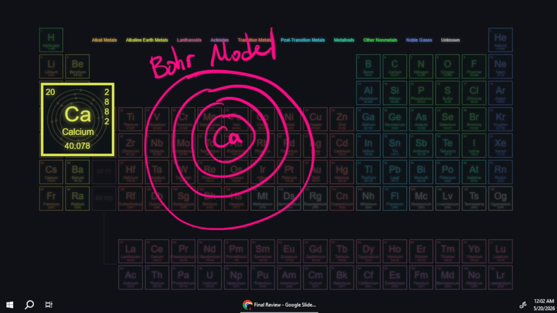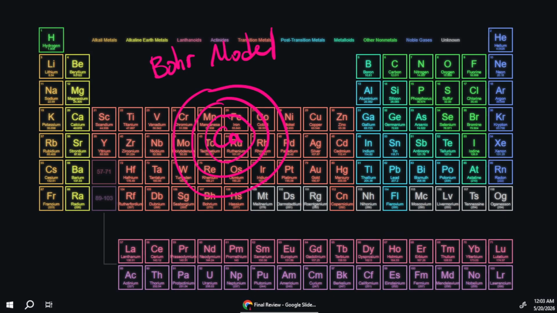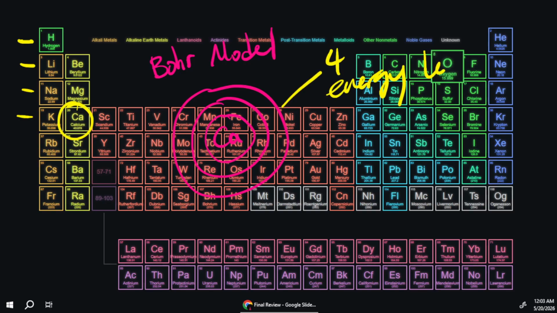For calcium, calcium is in group number 2. So let's look at this. It's in period number 1, 2, 3, 4. That's why it has 4 energy levels. And it's in group number 1, 2. So it has 1, 2 electrons on the outside, okay?